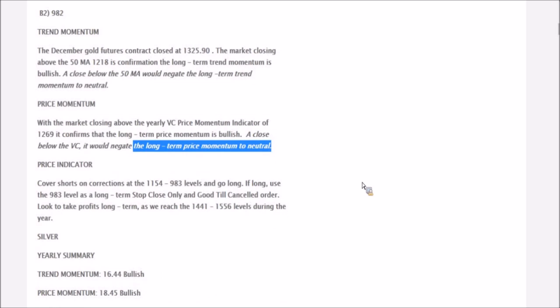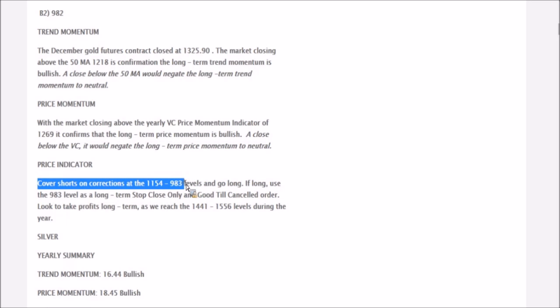The price indicator tells you basically the extreme below the mean of 1269, what the probabilities are if in fact it does close for the year below 1269. It tells you that it's possible we can come down to 1154 to 983, and then to go long on these levels.